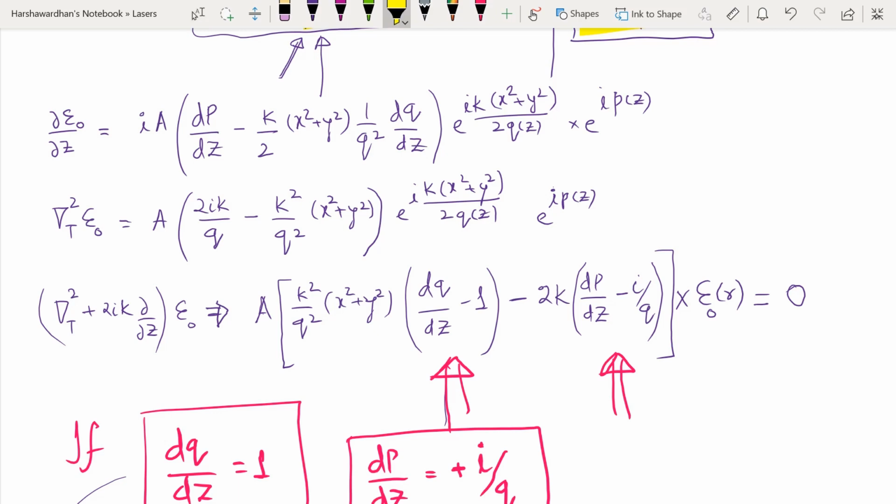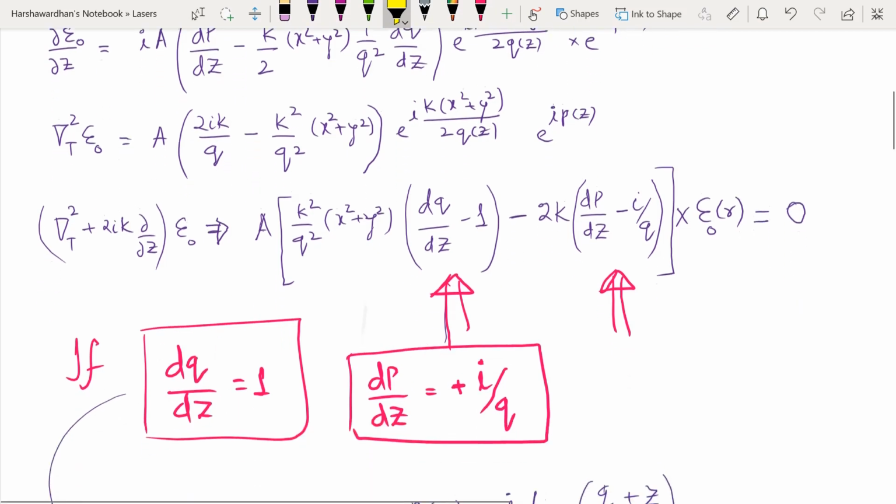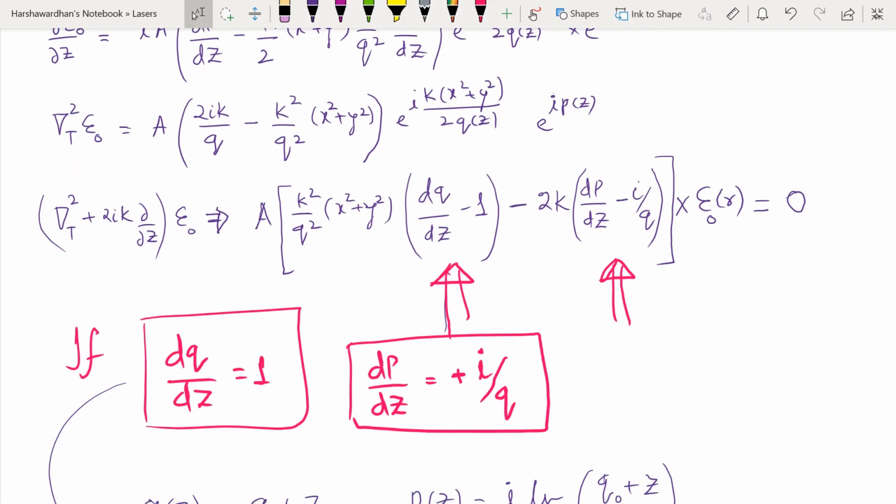From the exponential phase factor, one will get the explicit dependencies on x and y. So you get this second term. So now I have put these two terms back into the so-called paraxial wave equation, which I have collected term by term, and this should be equal to 0. Now that's the paraxial wave equation.